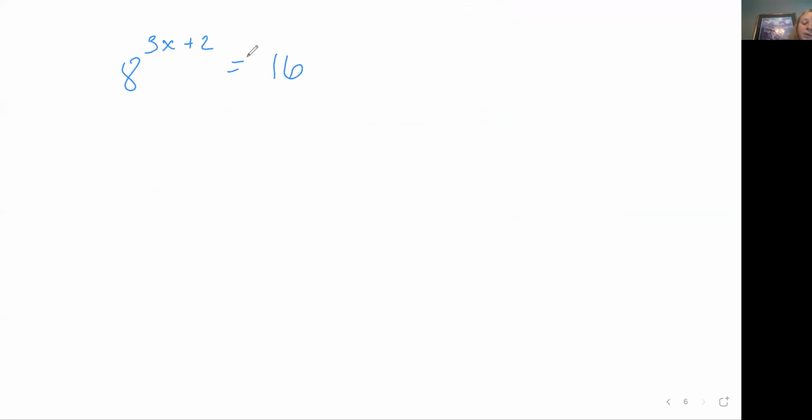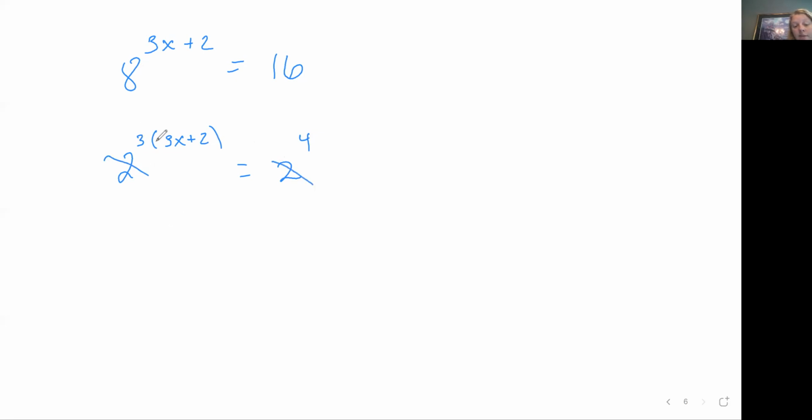Okay, so what we want to do is compare our bases. Is it possible to rewrite 8 and 16 as a base with a power? 8 can be rewritten as 2 cubed. And 16 can be rewritten as 2 to the 4th. And once you have your bases the same, you can cancel those out.